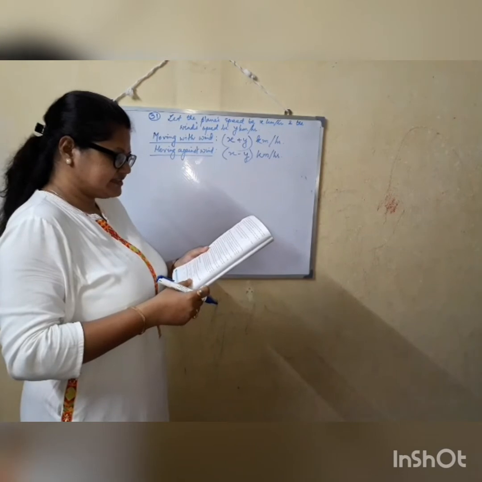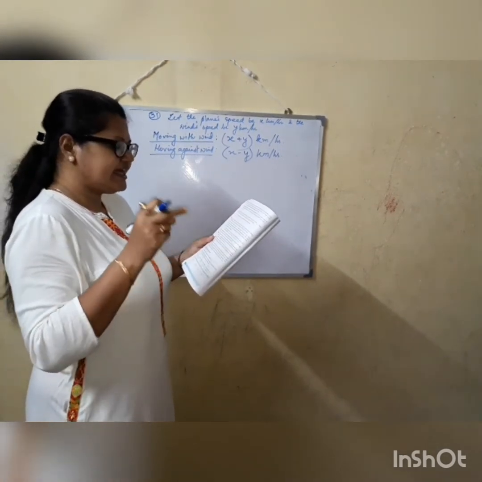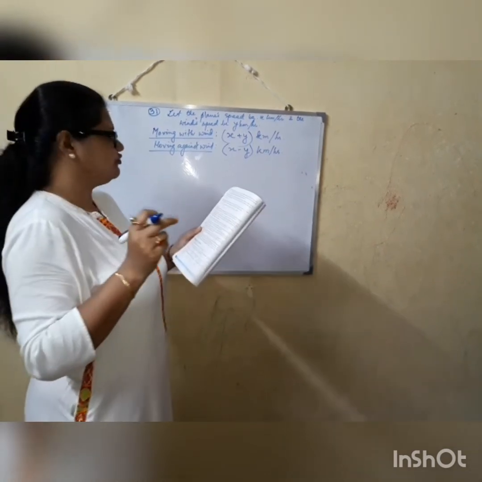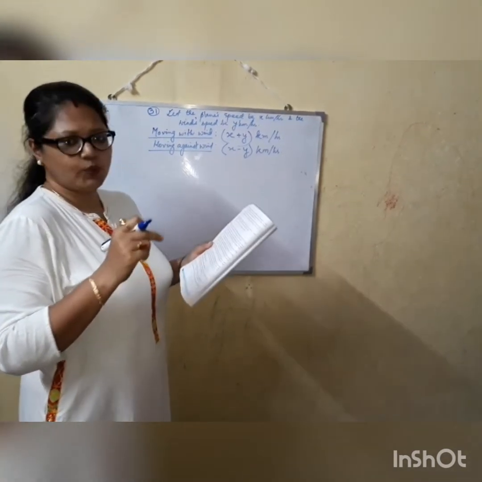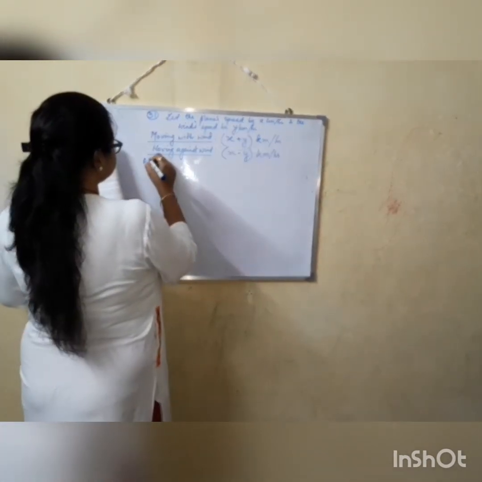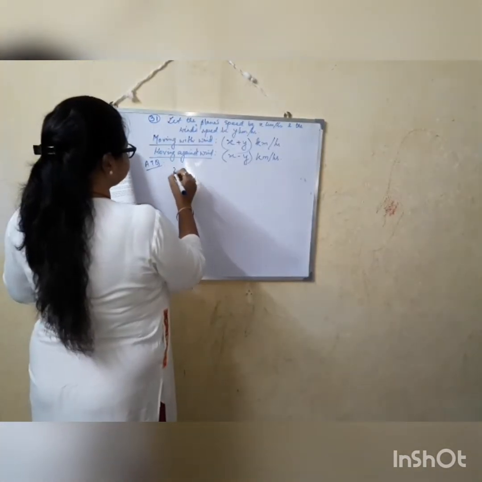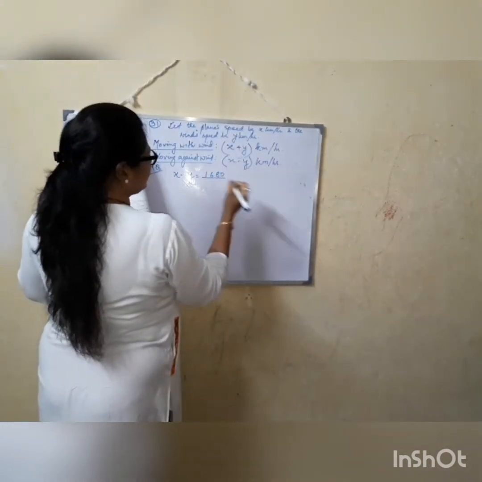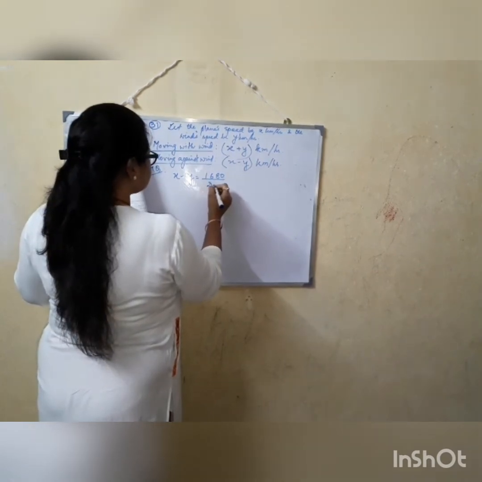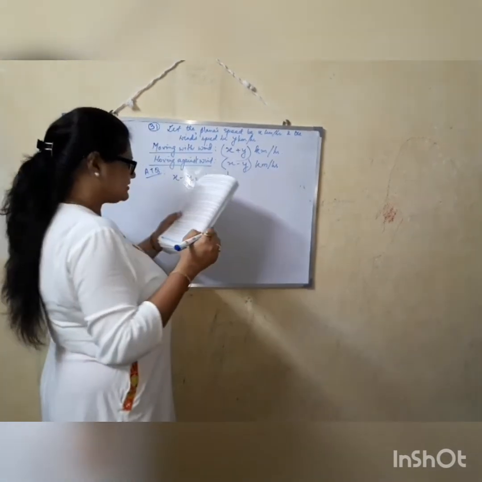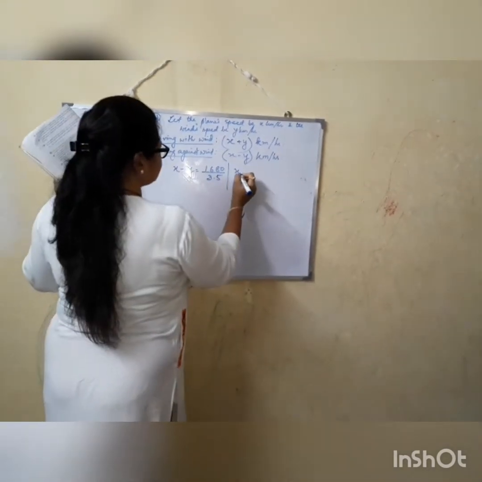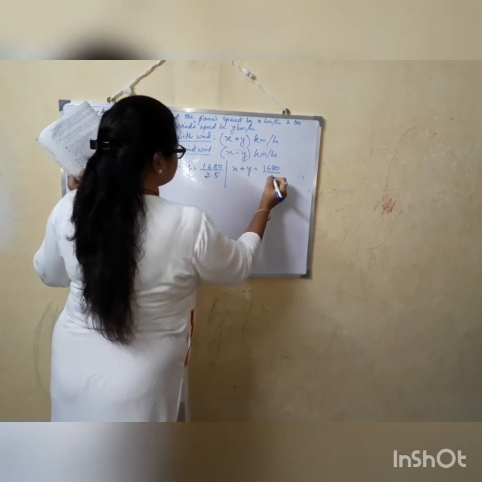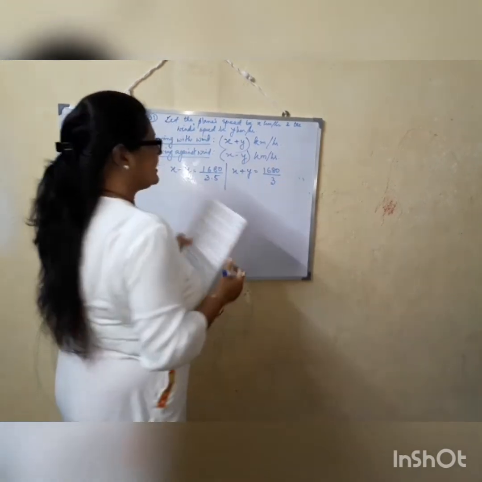Now you can see that when it is moving with a headwind in 3.5 hours, that means it is moving against the speed of the wind. So what we can write is that, according to the question, x minus y is equal to 1680, that is the distance covered, by time taken is 3.5, and when it is moving with the wind, time taken will be less.